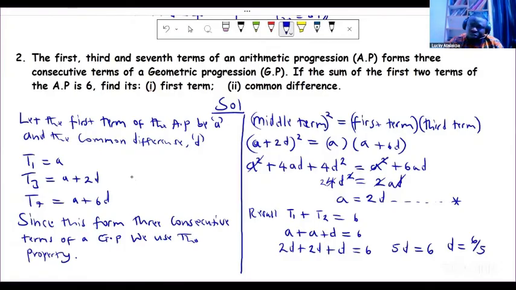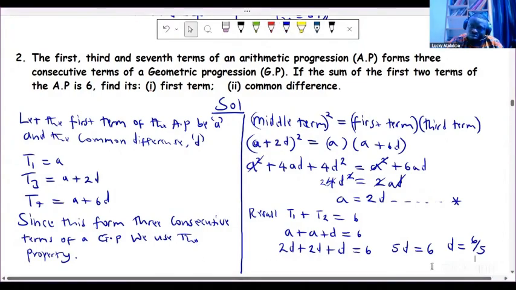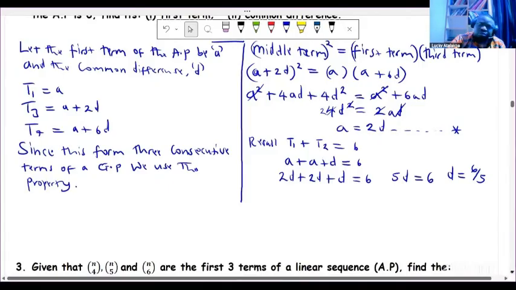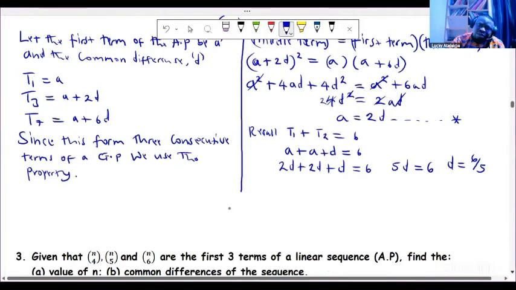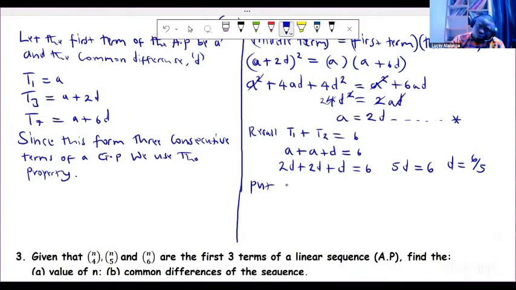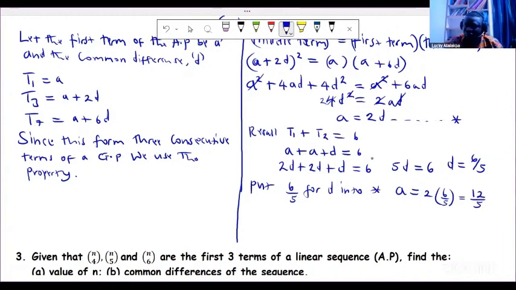So let's press on. Now, the other question says we should find the first term. So I'm going to put 6/5 for D into the first equation. So A is 2 times 6/5. So this will become 12/5. So our A is 12/5.